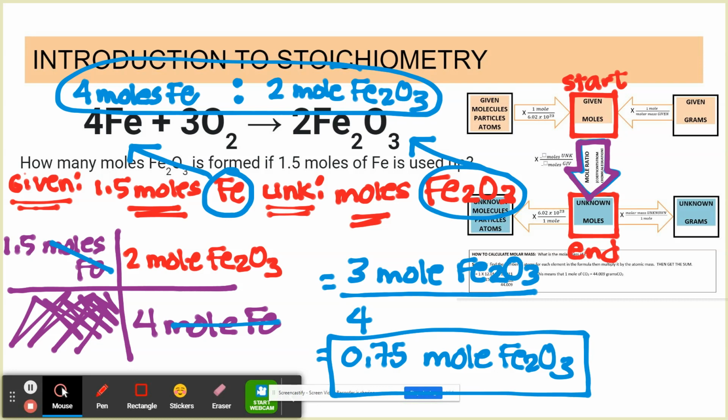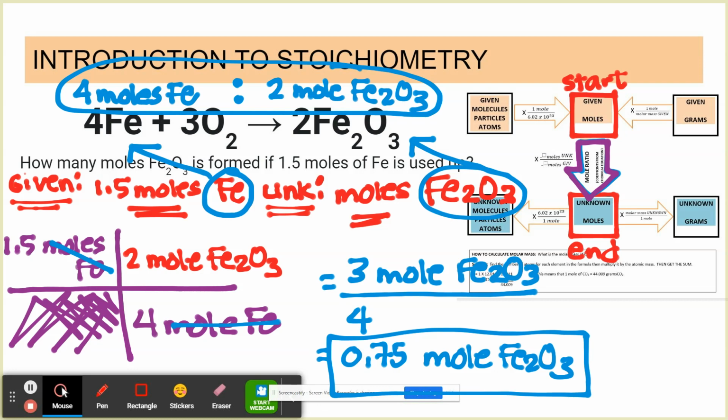And it clearly tells you within that arrow what you need. For example, here we only needed the mole ratio. And then you have to know which one goes on the top and which one goes at the bottom for the mole ratio. Shortcut, guys, is this.